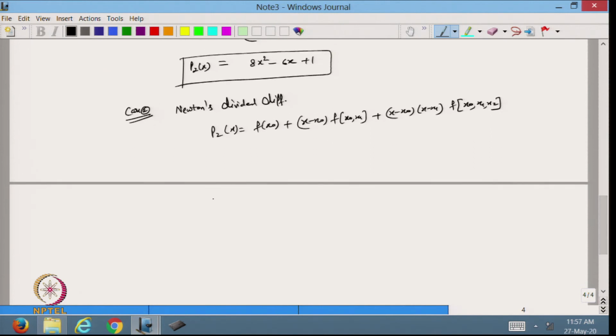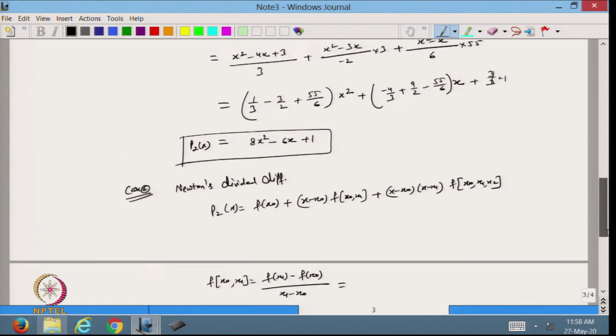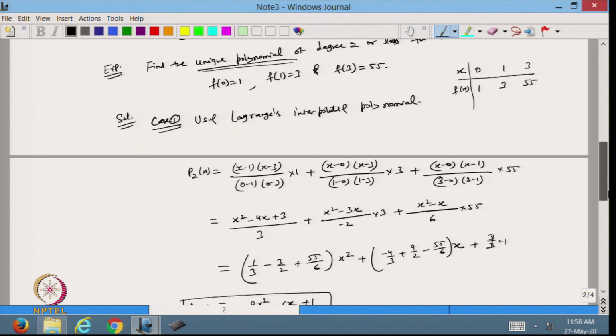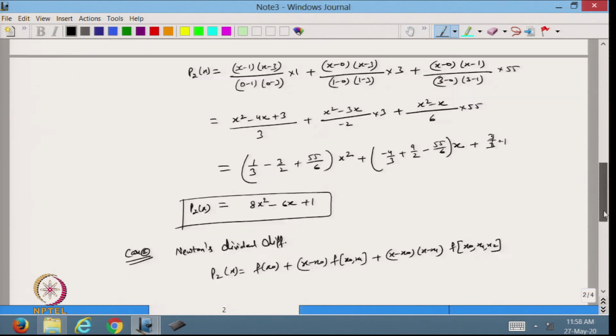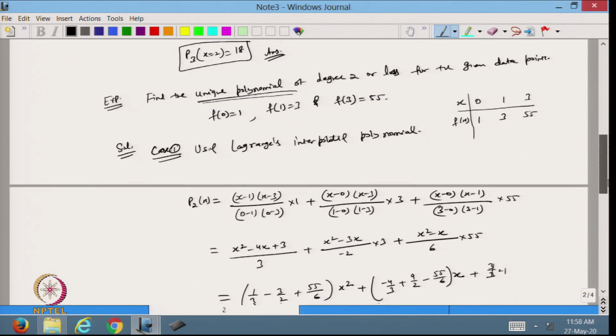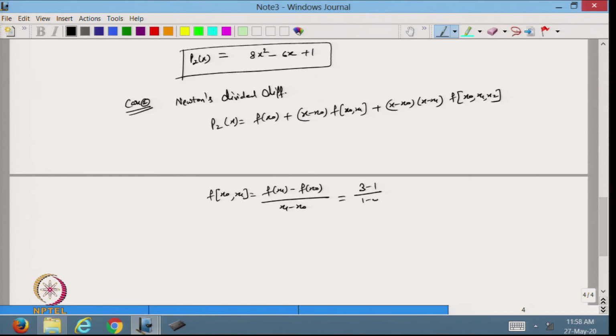Now, from here I know that the first divided difference f[x0, x1] is equal to f(x1) minus f(x0) divided by x1 minus x0. So, f(x1) is 3 minus 1, and x1 is 1 and x0 is 0, so this is 1 minus 0.